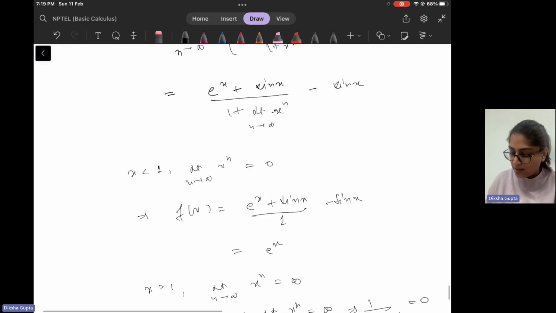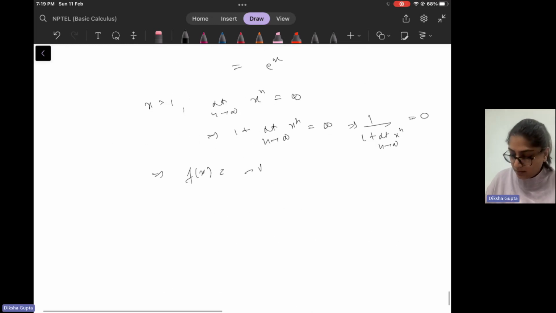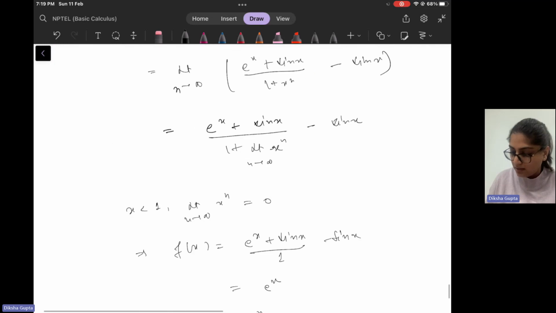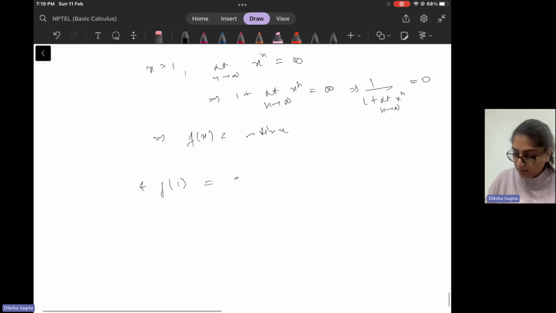So the first term will vanish, so we'll be left with minus sine x, and f of 1 we have already evaluated. This is coming out to be e minus sine of 1 by 2.